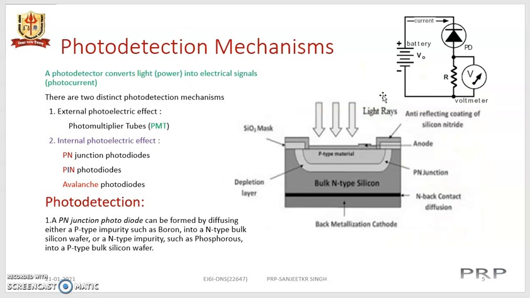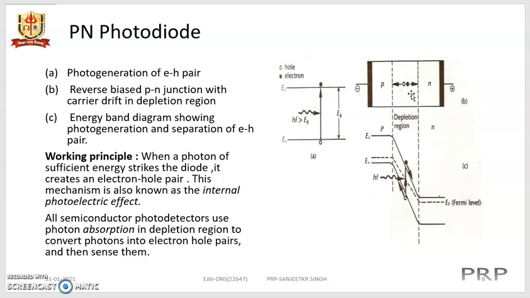In the previous slide we saw that the photon first has to pass through the P region and then reaches the depletion region. The absorbed energy creates electron hole pairs. When a photon reaches the depletion region, it is absorbed and electron hole pairs are created. These electron hole pairs will be separated under the influence of the external reverse bias.